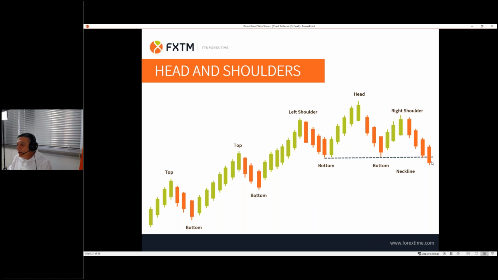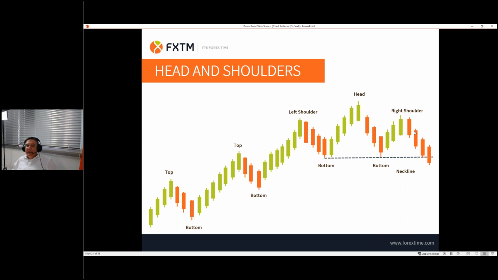And another question from Tisan from Nigeria. How far from the breakout should one place a stop loss? The stop loss that we use on these patterns is a technical stop loss.